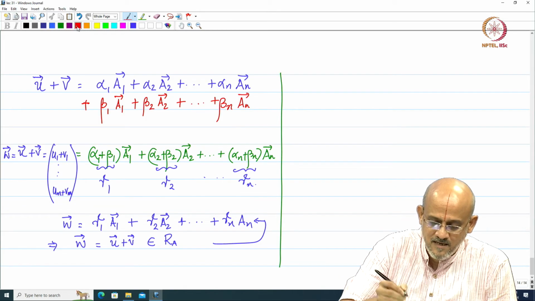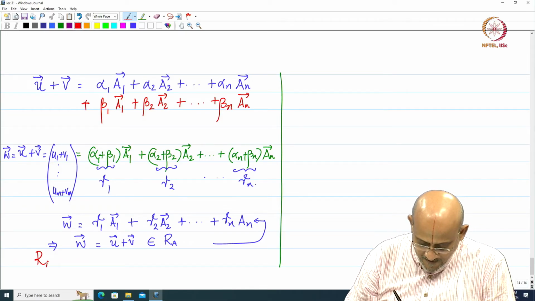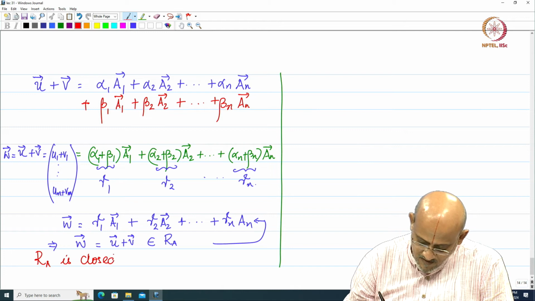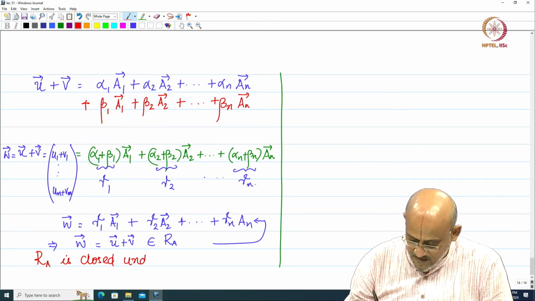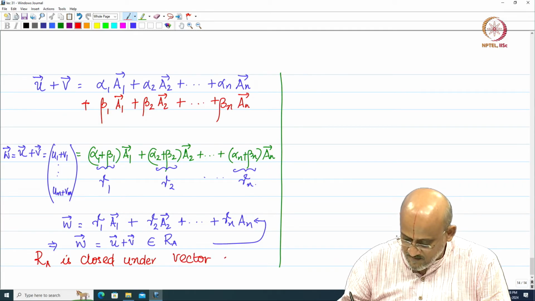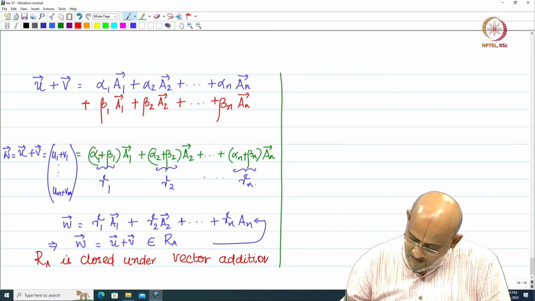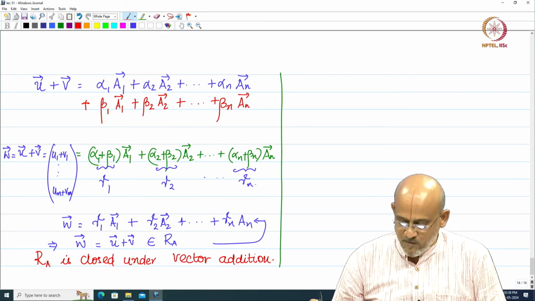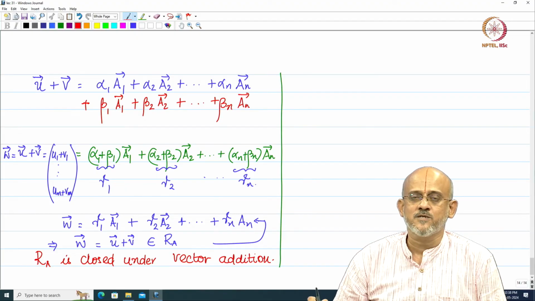So, I am going to say R A is closed under vector addition. The set R A is closed under vector addition.